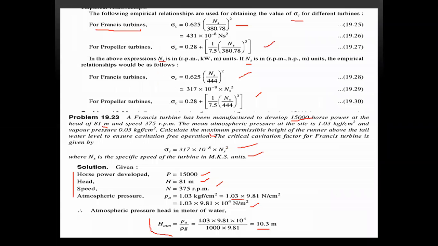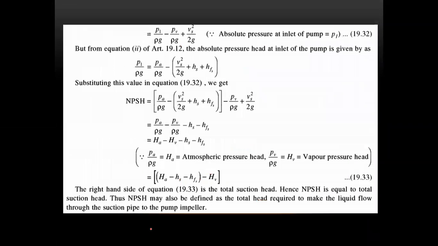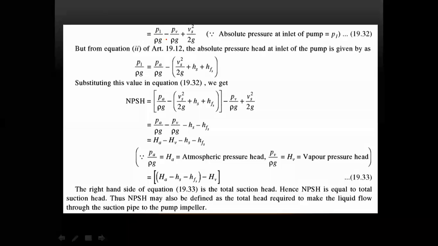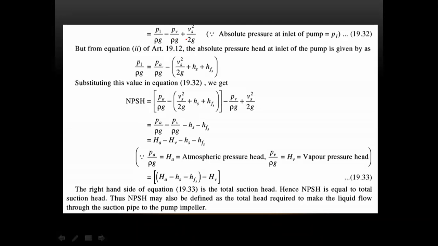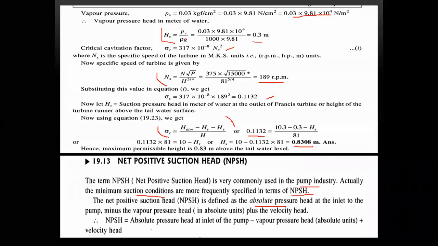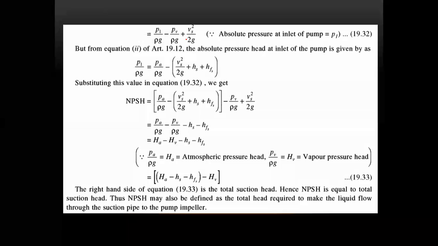That is, P1 by rho G minus PV by rho G plus the velocity head, V square by 2G. Therefore, the absolute pressure at the inlet, P1.